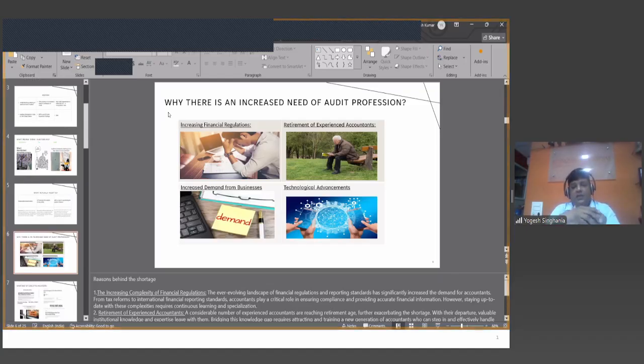Nowadays we are seeing an increased demand for the audit profession, and not just in India. Even in the US we have seen news of a shortage of CPAs and audit professionals, as well as in Europe. Every day in the newspaper and news we see that many people want to join other professions rather than audit because this is a very stressful job.